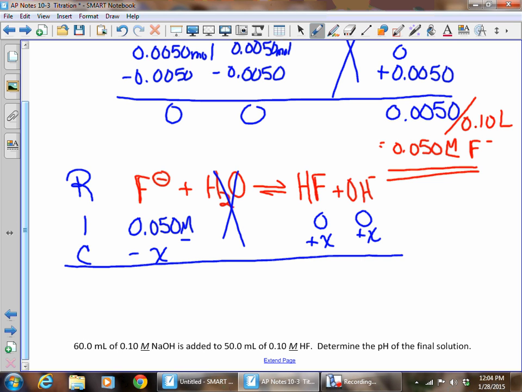And we get 0.050 minus X, X, and X. And guys, here is the point where we are going to get ourselves in trouble on these endpoint reactions, because all that's left over is that anion.